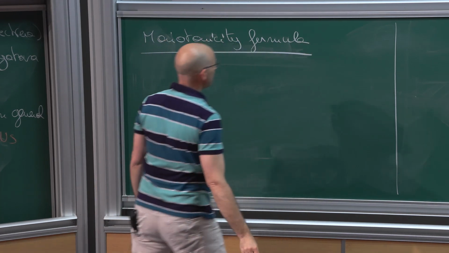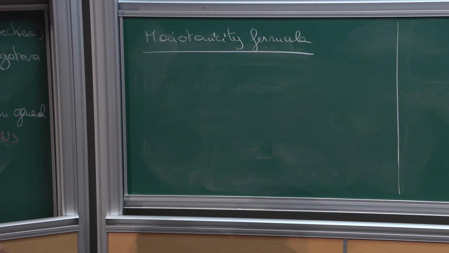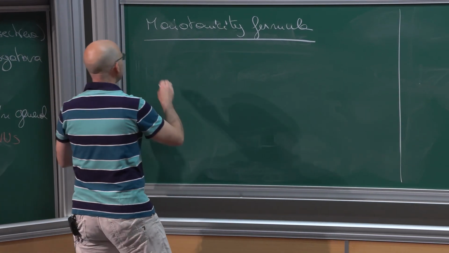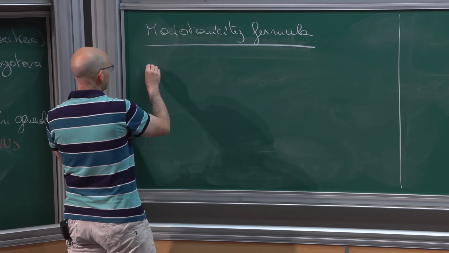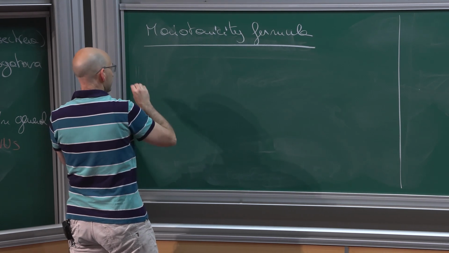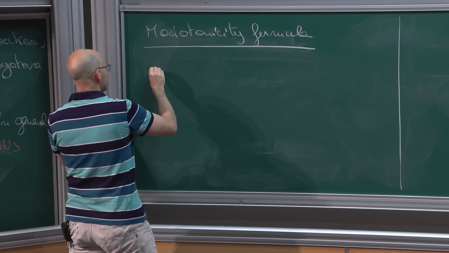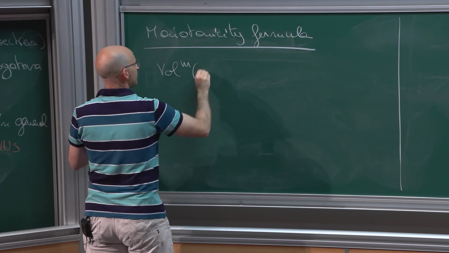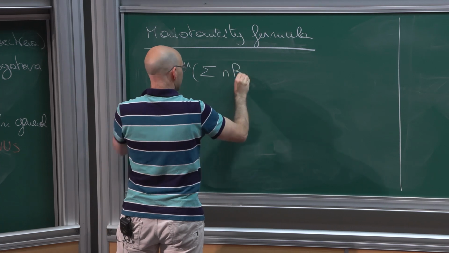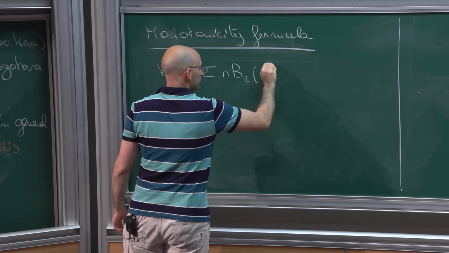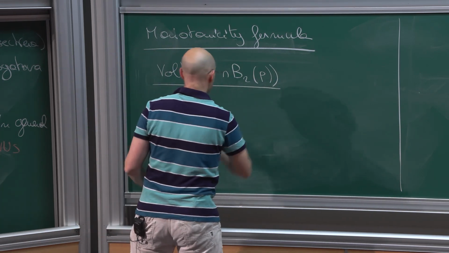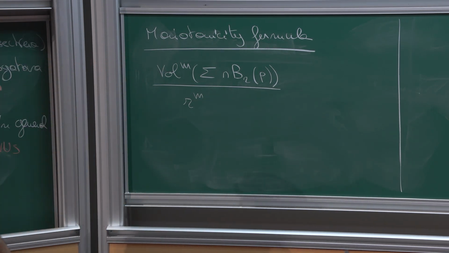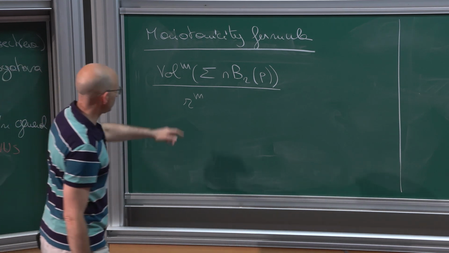So the monotonicity formula, which is a very basic, simple computation, tells you the following fact. If you have an area minimizer, or in general a critical point of the area functional, look at the mass ratio: the m-dimensional volume of sigma intersected with a ball of radius r, divided by the volume of an m-dimensional disk of the same radius.